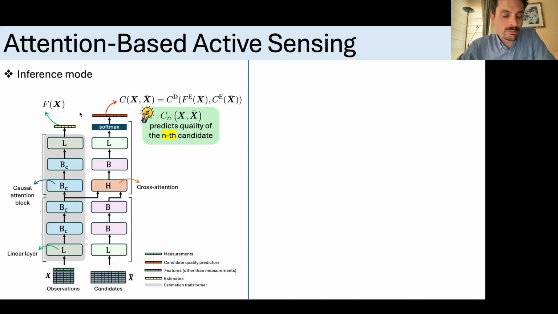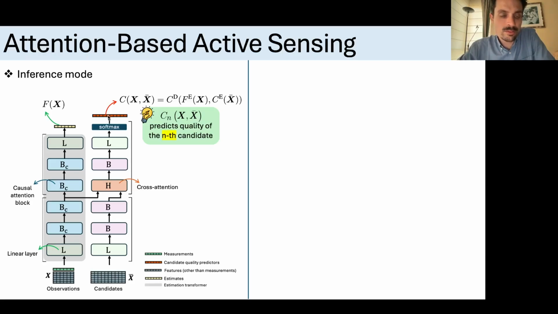So to solve this problem, what we do is to extend the transformer that we have for radio map estimation with another transformer that operates in parallel and that takes as input the features of the candidate locations. This second transformer returns a vector whose length is precisely the number of candidate locations.